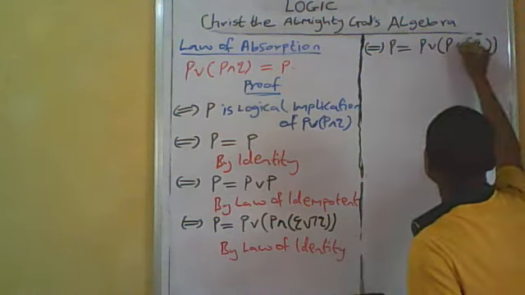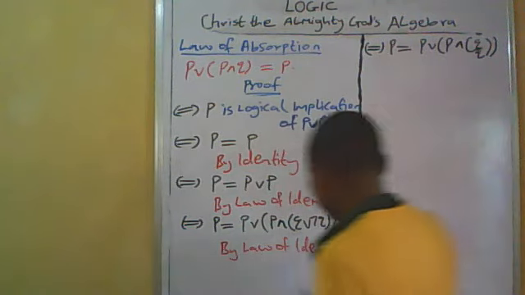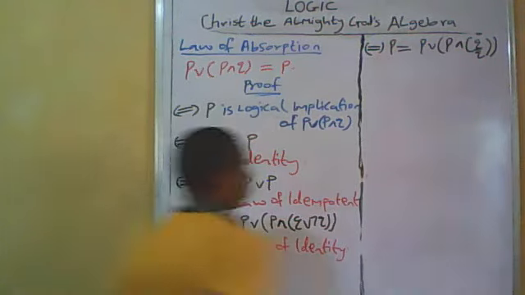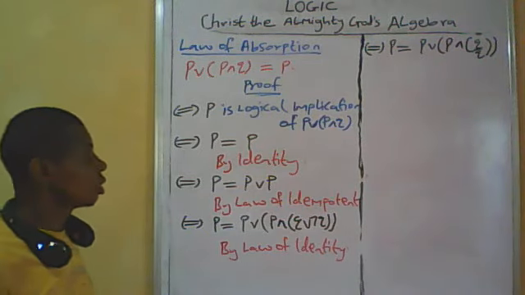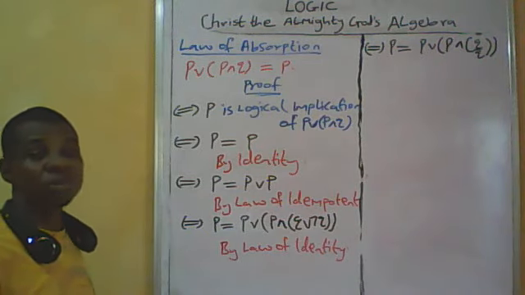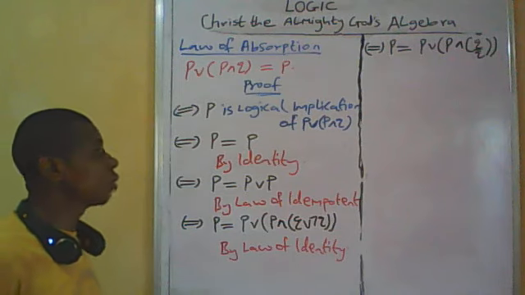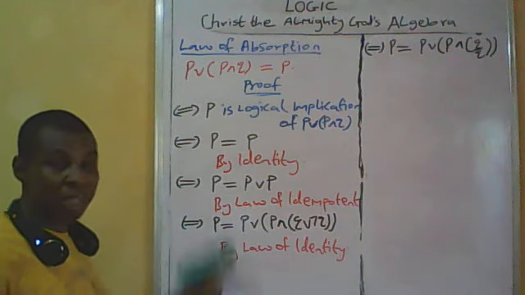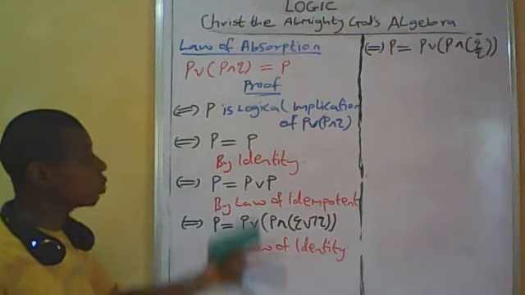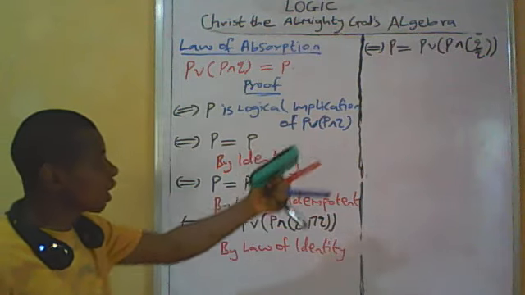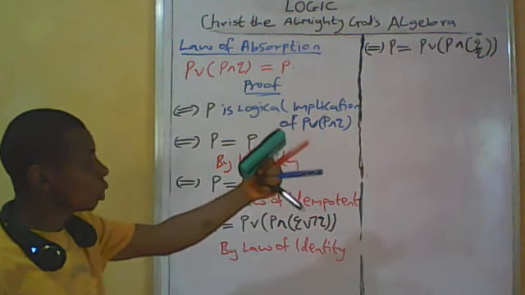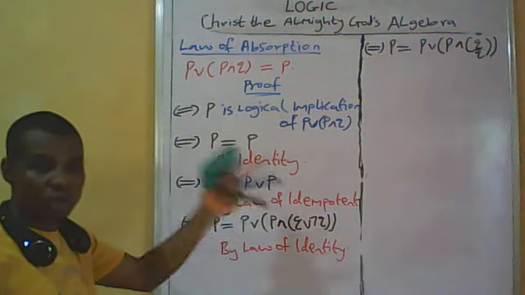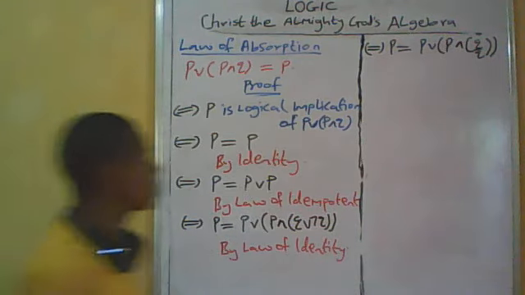It is P AND. So it's still equivalent to the left hand side of the equation because Q upon Q means tautology, and AND with any term is the same as that term. So it's P and (Q upon Q) is P. P or P is P. So it's equal to the left side of the equation.